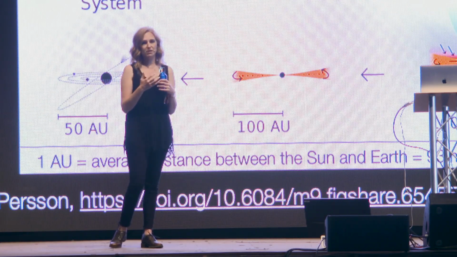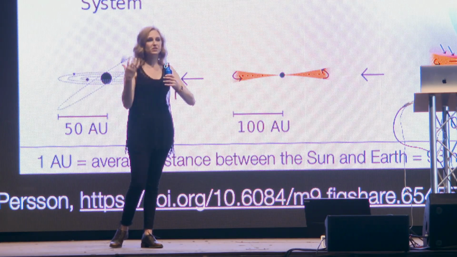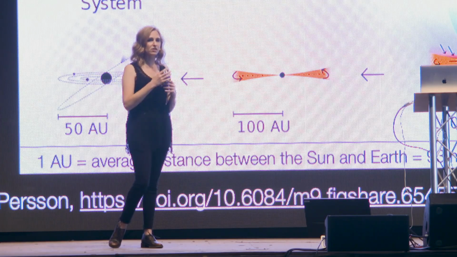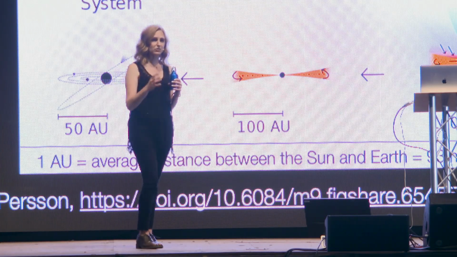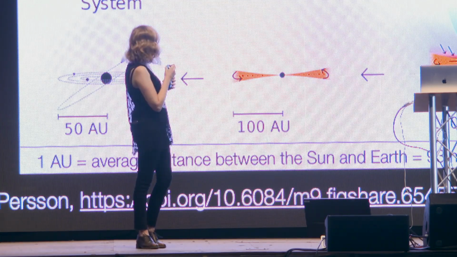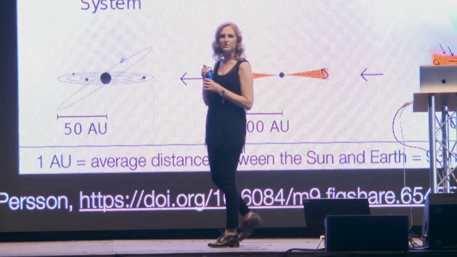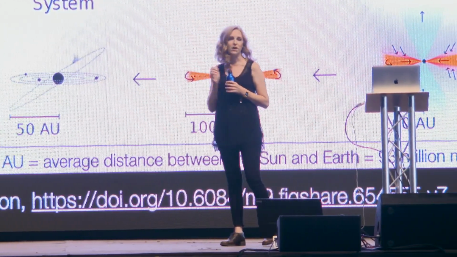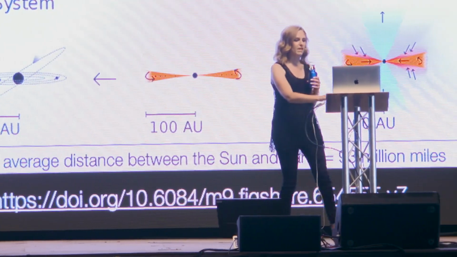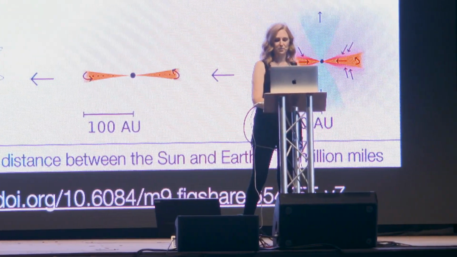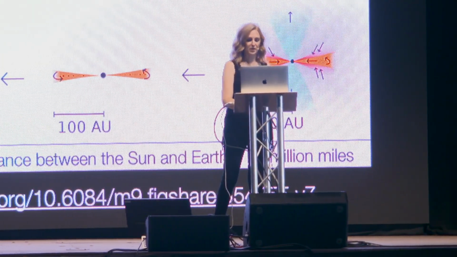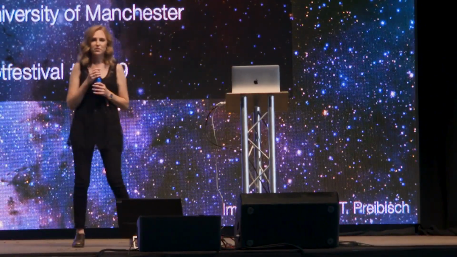So right now we're really only detecting Jupiter-sized planets that are really close to other stars. We're beginning to detect closer and closer to Earth-sized planets. But I don't think we've yet detected another solar system quite like our own. I think we're still quite unique in that. But hopefully the new telescopes coming online will help us detect more and more solar systems like our own.